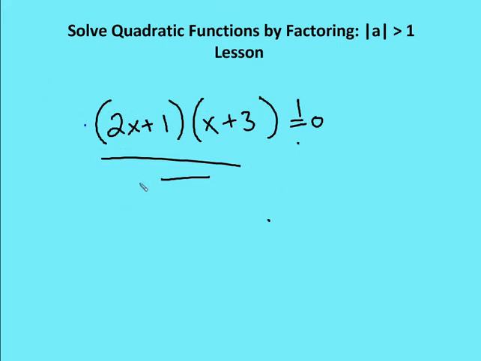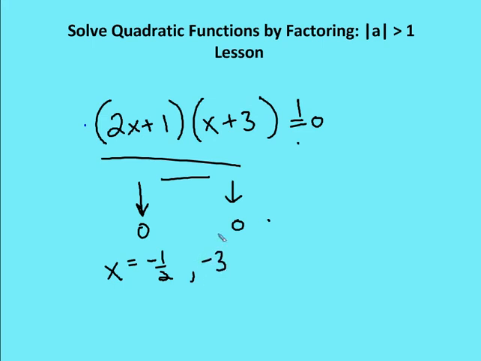Remembering the zero product property, that anything times 0 is equal to 0, either the first term is 0 or the second term needs to be 0 in order for the factors on the left hand side to multiply out to equal 0. That means 2x plus 1 needs to be 0, or x plus 3 needs to be 0. 2x plus 1 is 0 when x is equal to negative 1/2, and x plus 3 is 0 when x is equal to negative 3.